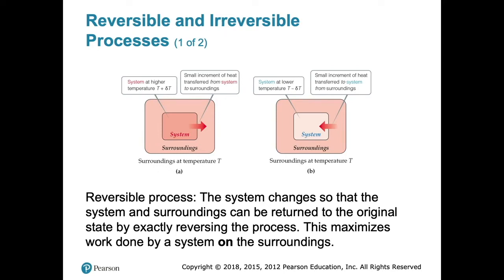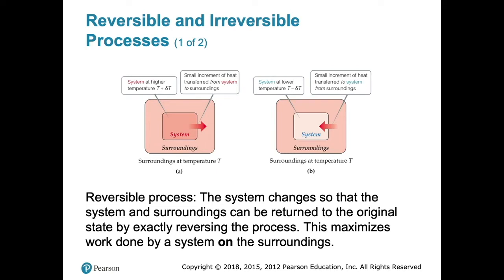And on the other hand, if you have a high temperature in the surroundings, it can transfer heat back into the system. So here we have surroundings at temperature T, and in one case the system is transferring heat from itself to its surroundings, or it's going to transfer from the surroundings to the system, right?